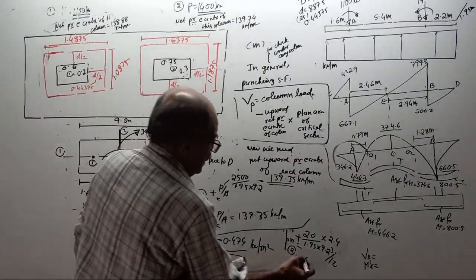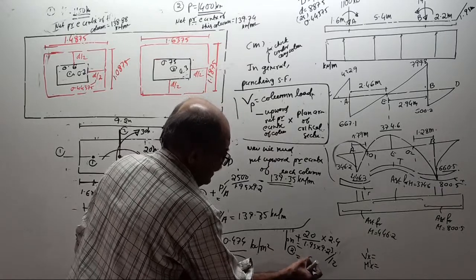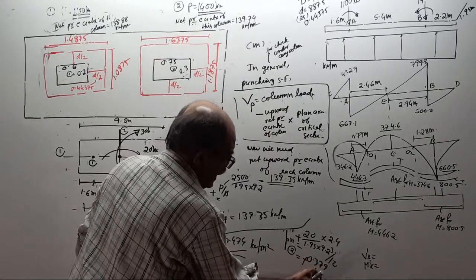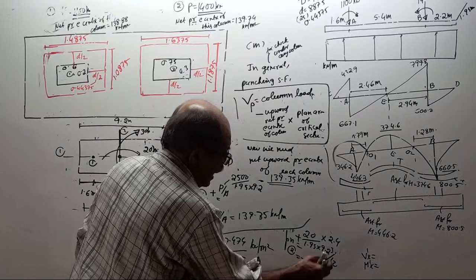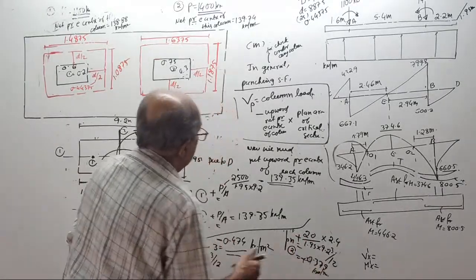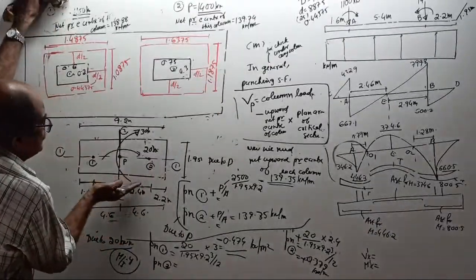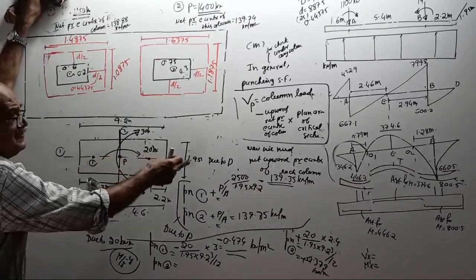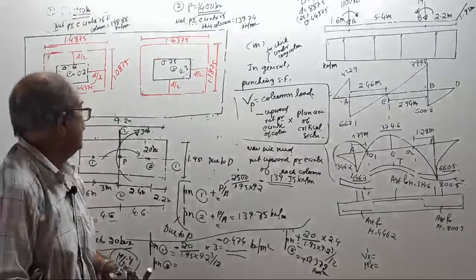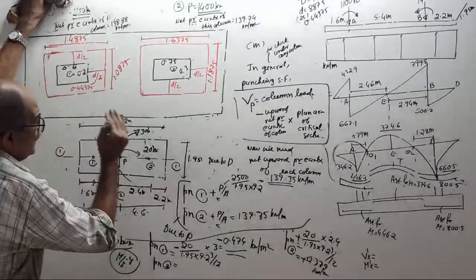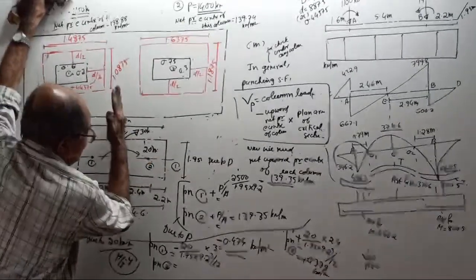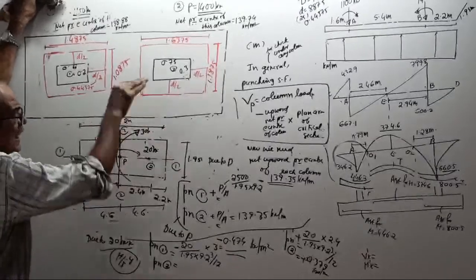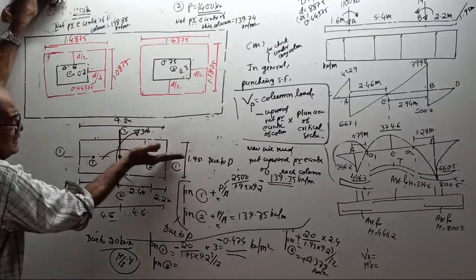0.379 plus 0.379, kN per meter square. Now, due to this 30 kN meter, these 2 points lie in the neutral axis. Yes or no? For this 20 kN meter, the neutral axis is here. For 30 kN meter, the neutral axis lies here.